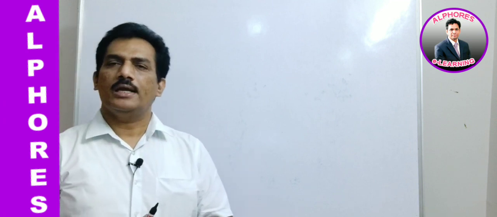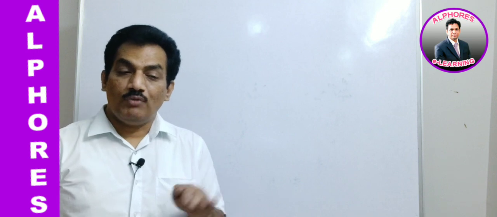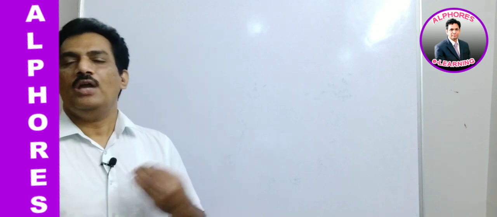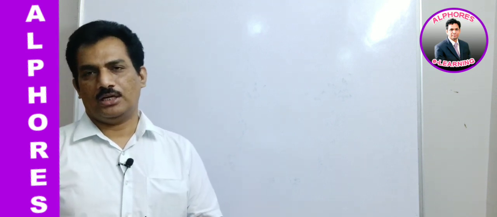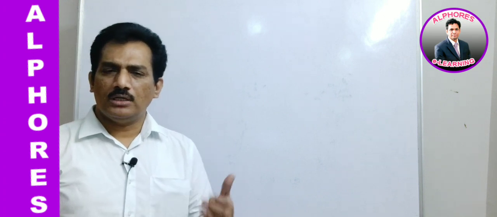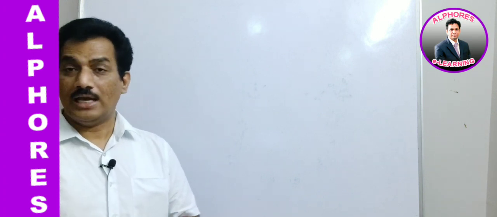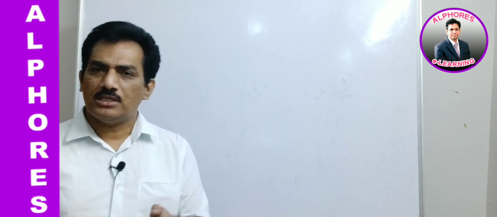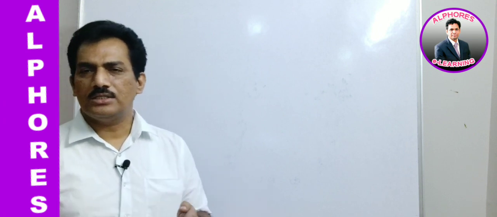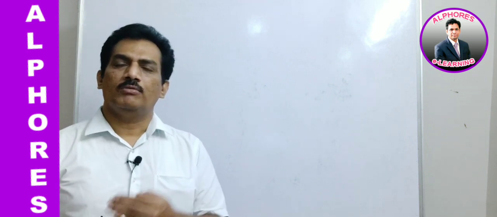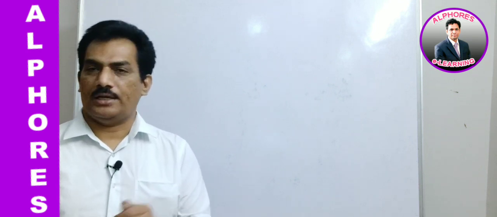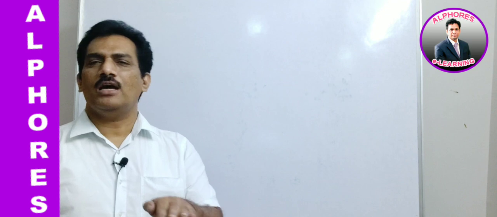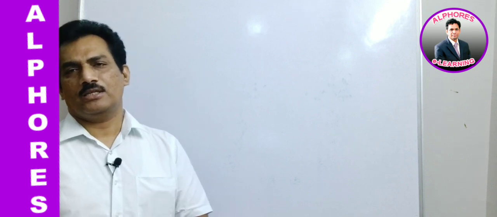And dear students, you remember, to define asymmetry also we have to study these elements of symmetry, because there are no particular or separate elements of asymmetry. Asymmetry is defined as the absence of symmetry, and when we are considering the absence of symmetry, first of all we should know what is symmetry, and that symmetry again we are defining with respect to elements of symmetry.